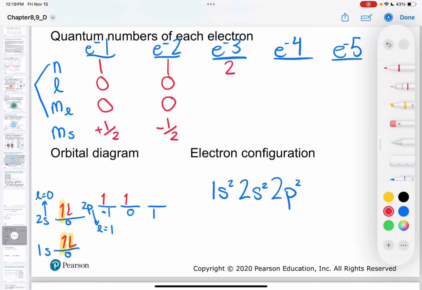So n equals 2. It's an s orbital, so L is still 0. If it's an s orbital, m sub l is always 0. First electron, +1/2. Second electron in that orbital, same for the first three numbers because the orbital is the same, -1/2 spin.